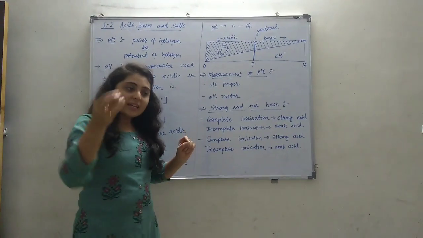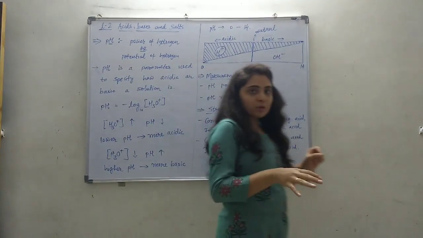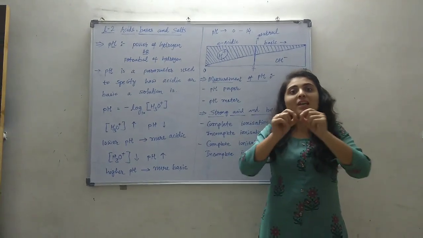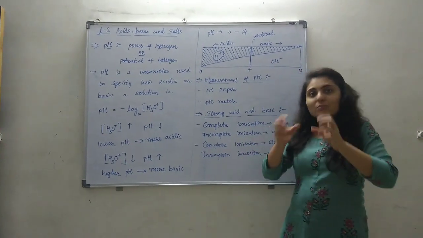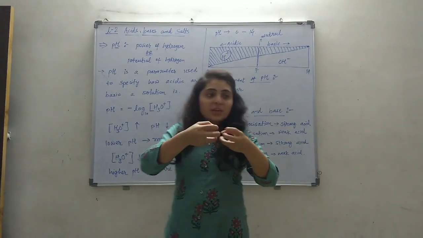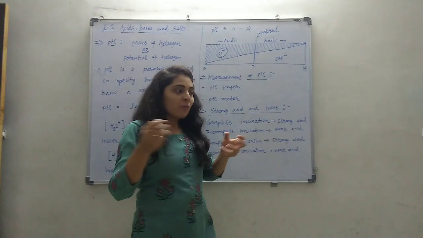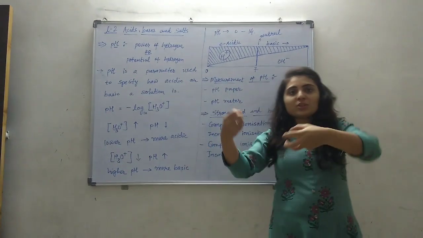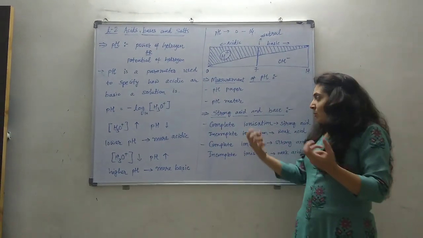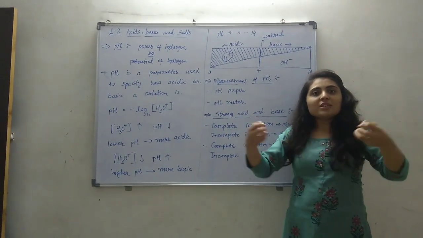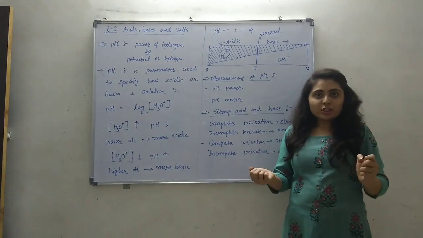Because when HCl is added in the water, each and every molecule is ionized. Ionization means separation of H plus and Cl minus in the water. Water will dissociate H plus and Cl minus. So each and every molecule of HCl will be dissociated.